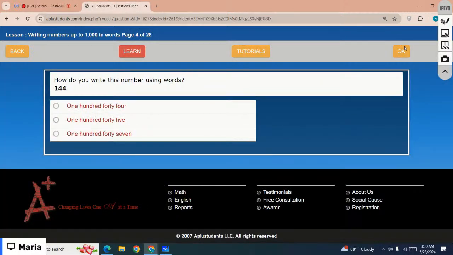How do you write this number using words, which is the correct option? That is 144. Option number 1 is the correct option. How do you write this number using words? 503.